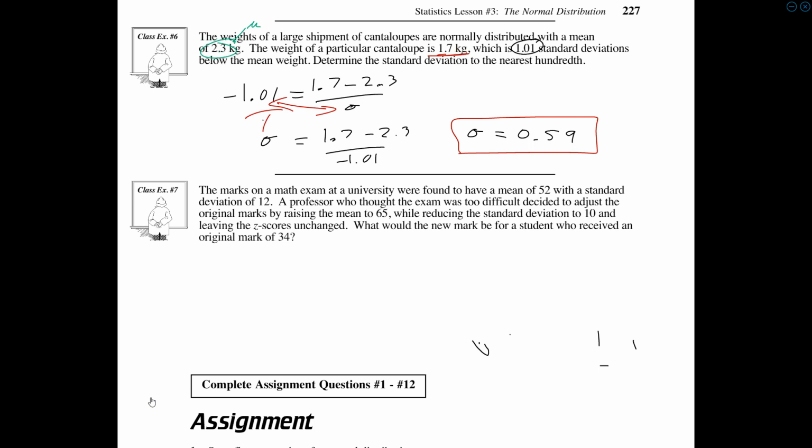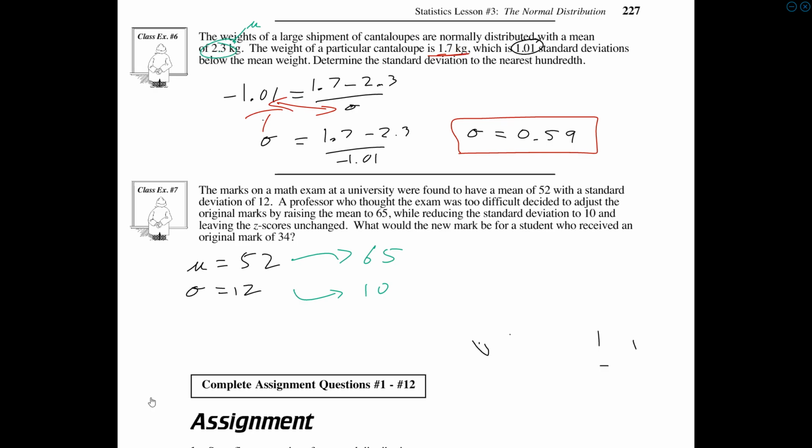Marks on a math exam at university were found to have a mean of 52 and a standard deviation of 12. Let's keep track of this. Mu is 52, and the standard deviation is 12. The professor thought the exam was too difficult and decided to adjust the original marks by raising the mean to 65, while reducing the standard deviation to 10 and leaving the z-scores unchanged.